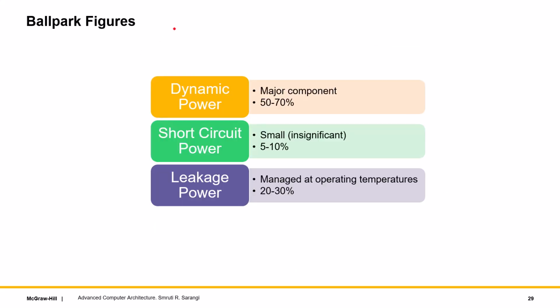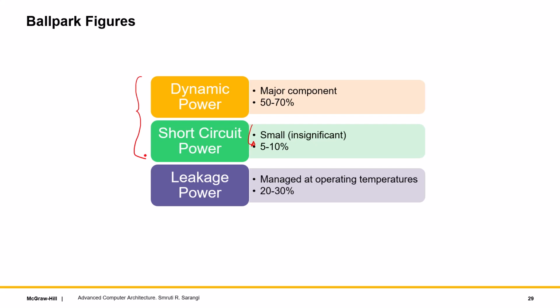So let's look at some ballpark figures. The dynamic power is a major component, 50 to 70%. The short circuit power, as we have discussed, is much smaller. And most of the time dynamic and short circuit are bracketed in the same bucket. If they are put in the same bucket, leakage power or static power on the other hand is actually not insignificant.